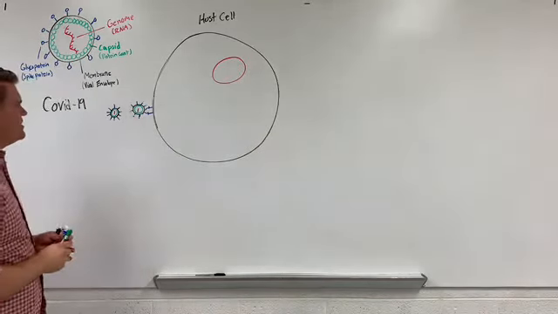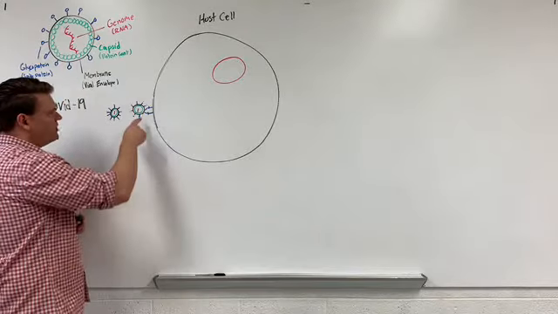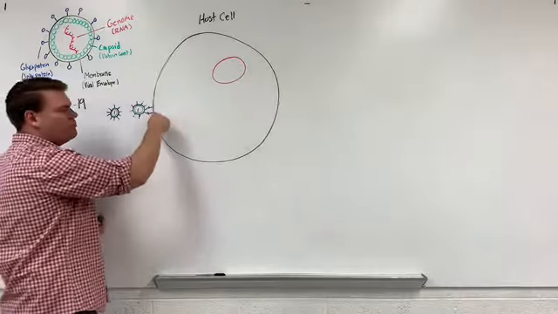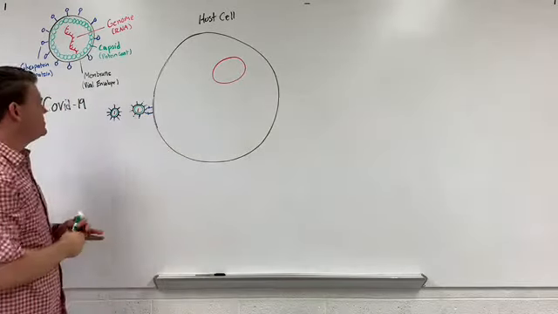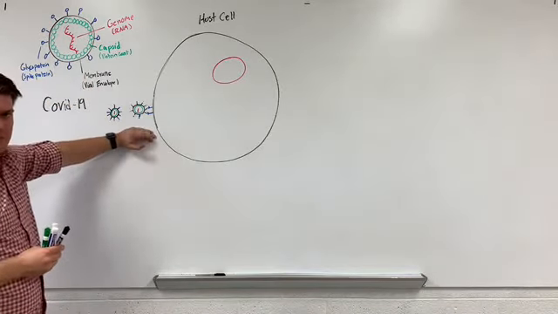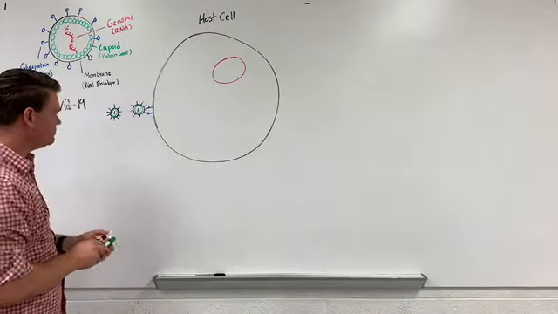And what that does is it now allows for the virus, and specifically the membrane, our viral envelope, to combine with the membrane of our host cell. This is why it's important to know that the membrane of the virus is the same membrane structure that we see in our host cell.